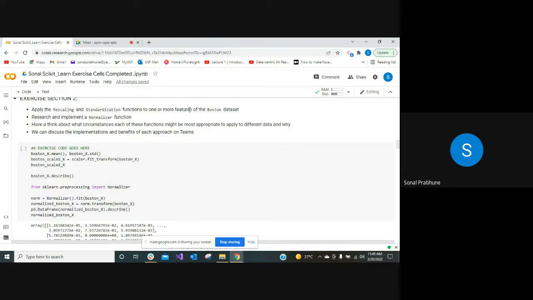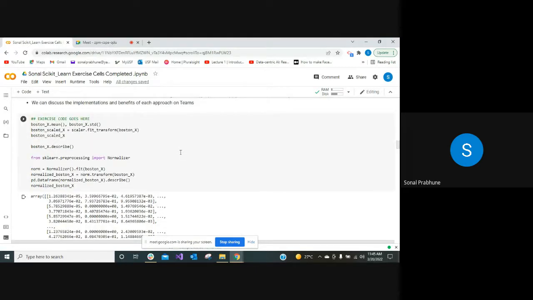Standardization is mostly used when we want to send inputs, for example, to a neural network, where if we don't do that, the range in which the weights are configured would be wider, whereas after standardizing those inputs, it narrows down the range of the weights. So we're supposed to do that with the Boston data set.